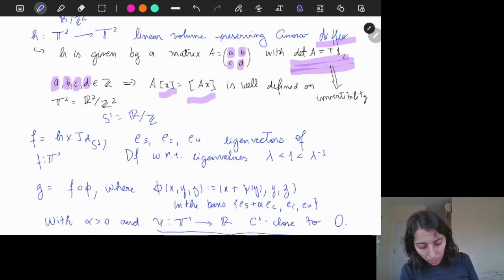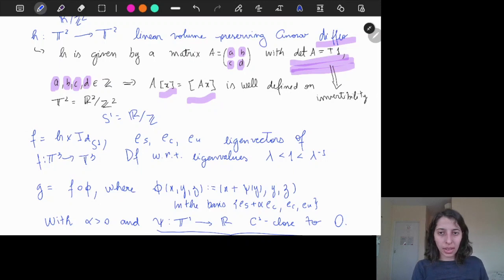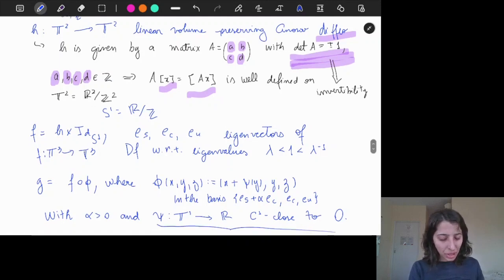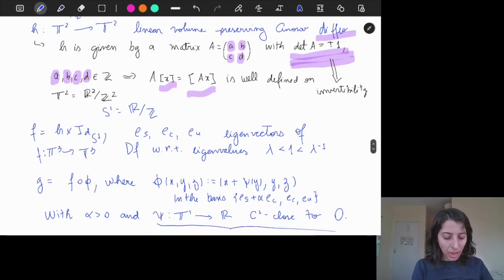And the derivative of this function, this is a linear function, so the derivative is equal to itself. The derivative of this function has 3 eigenvectors, and the eigenvalues associated are lambda 1 smaller than 1, the center one is 1, and the unstable one is the inverse of lambda 1.